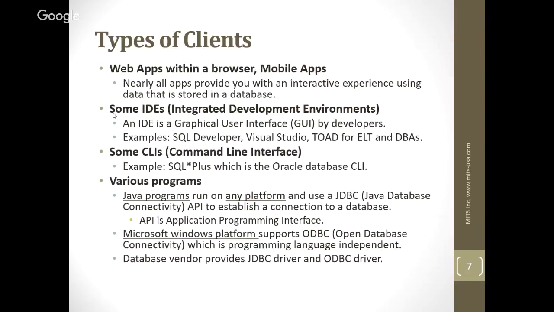Various programs can also be clients. So Java programs, they run on any platform. Windows supports ODBC, whereas Java supports JDBC. That's the main takeaway out of these last two bullets from a database-centric perspective. A JDBC connector can exist to relational databases and also to non-relational databases.